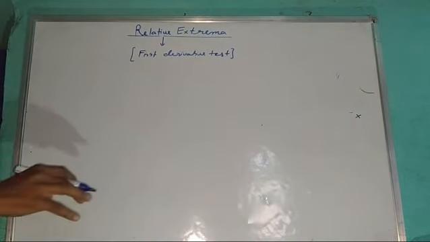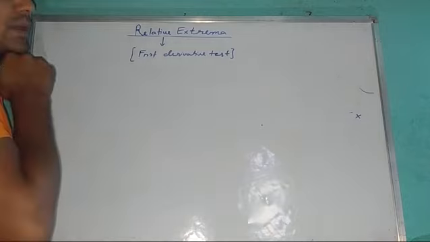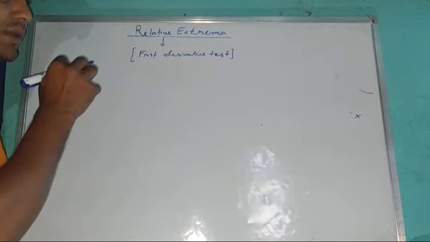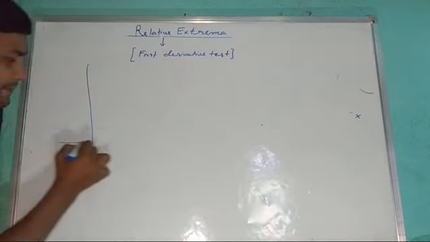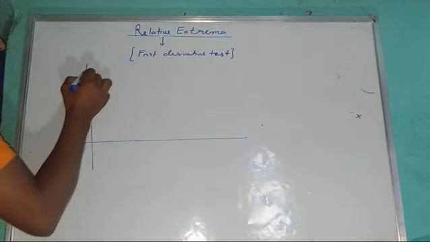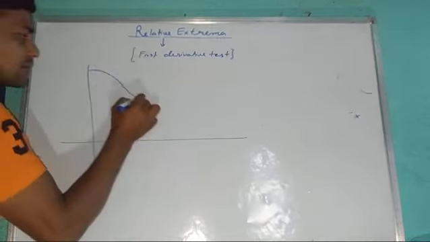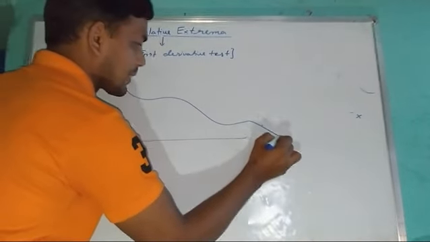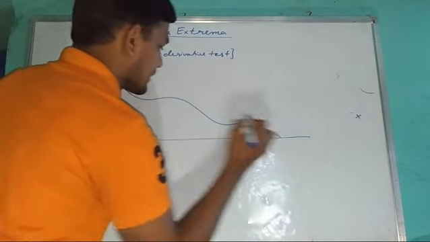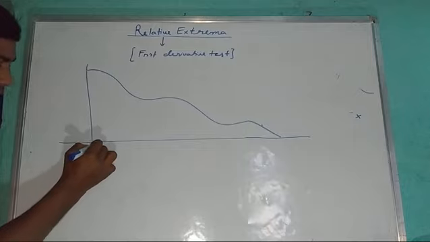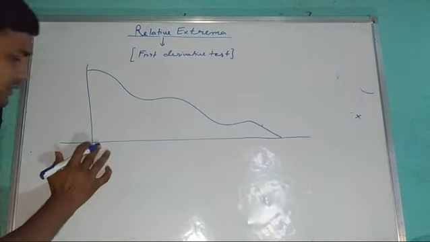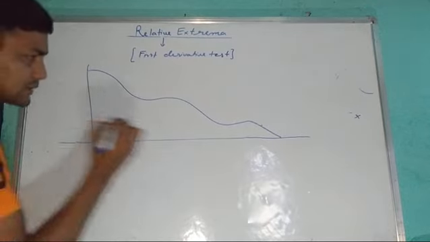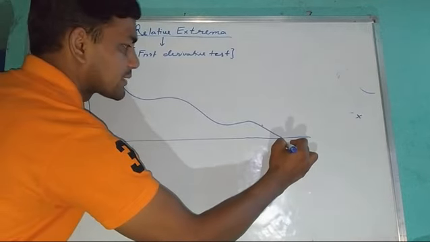First, the relative extrema is a point. This is a graph. Suppose this point is A, this point is B, or we can say this point is x0 and this point is x5.